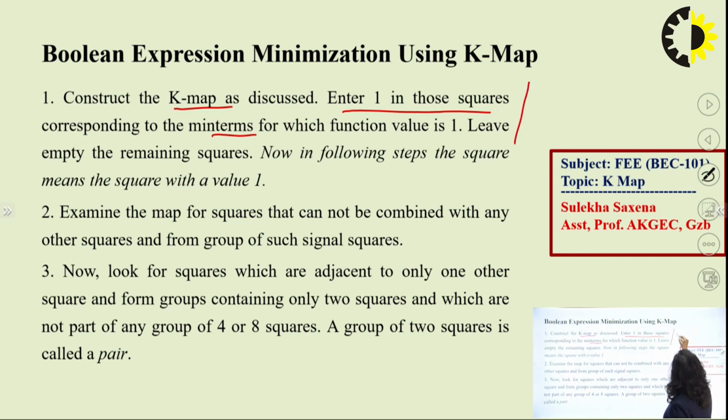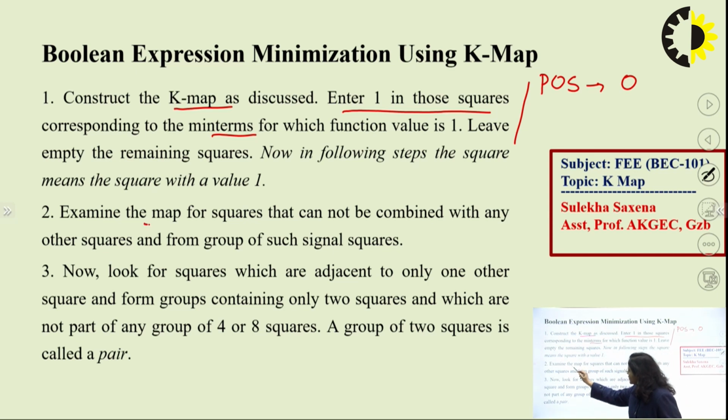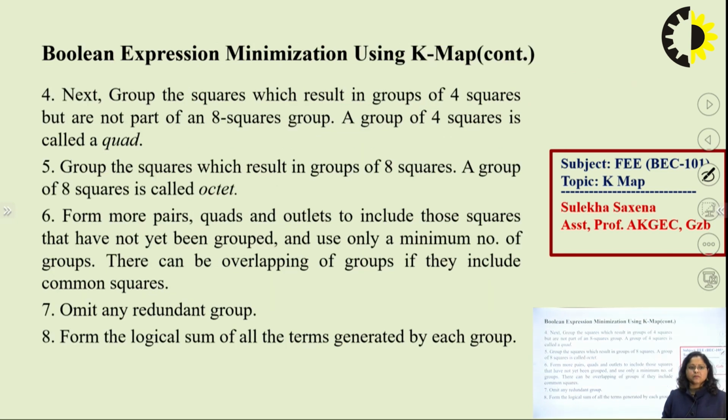If we use POS representation, then we enter 0 in place of 1 for each max term in the corresponding expression. Now, the following steps are used: examine the KMap for squares and find out whether there is a pair or group of 4 or 8 ones or zeros in the KMap.